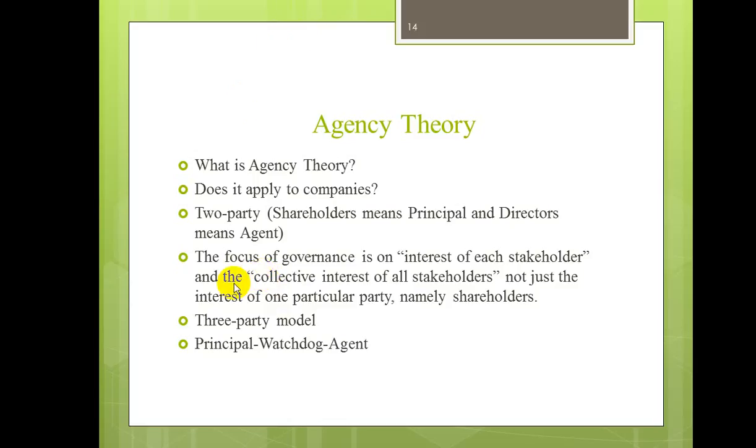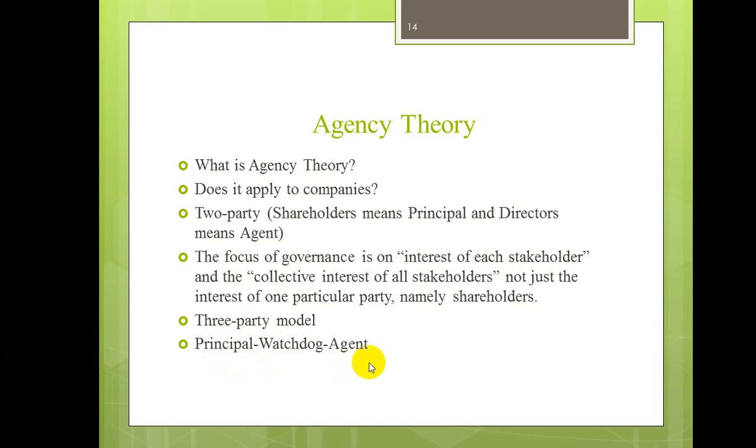So in agency theory we have a three party model. First we have the principal, which we can call shareholders, owners or investors. Then the watchdog, which you can call directors. And the agent means management.